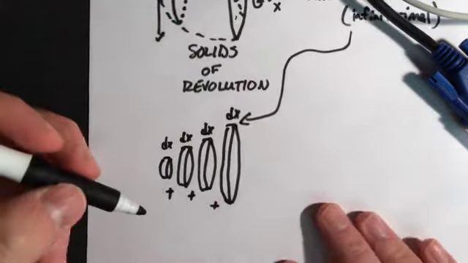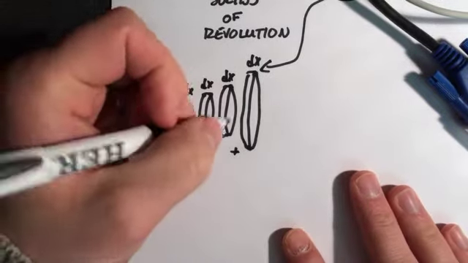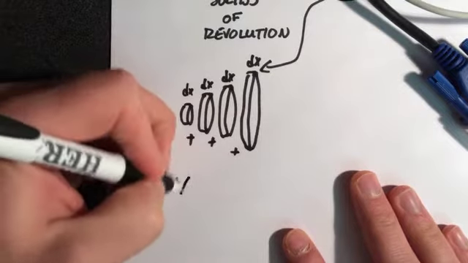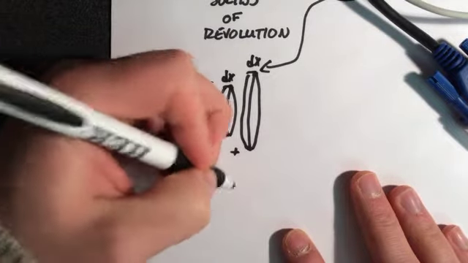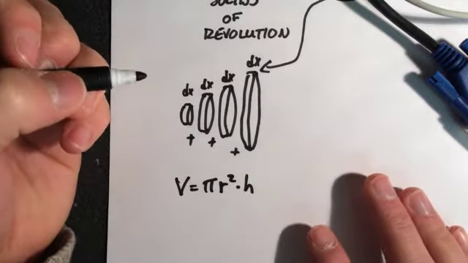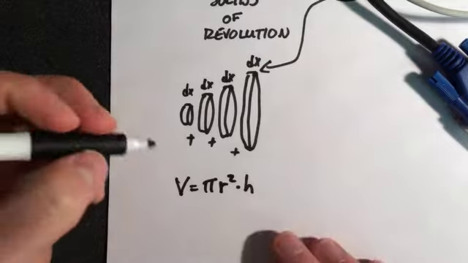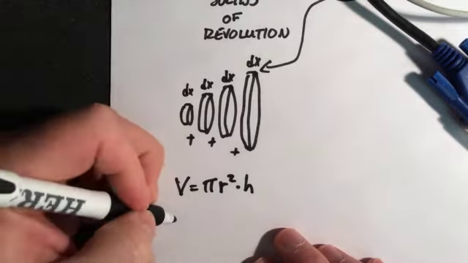So we're going to add up a whole bunch of volumes of the disks. The volume is pi r squared times h, because a disk is just a fancy word for a cylinder. We usually say disk when it's fatter than it is tall. Then we can convert this to calculus language.